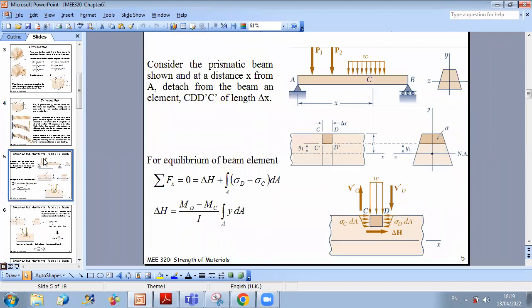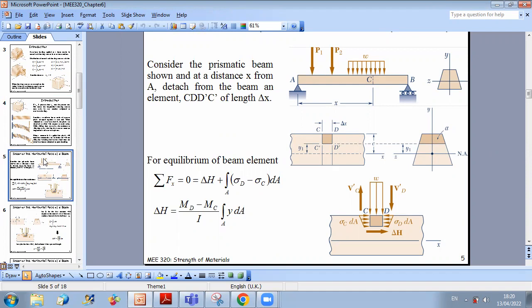Now, we move to the analytical analysis: how we can analyze the effect of transverse load on shear stress distribution. Let us consider the following beam. The beam is subjected to variable loads, concentrated and distributed loads.